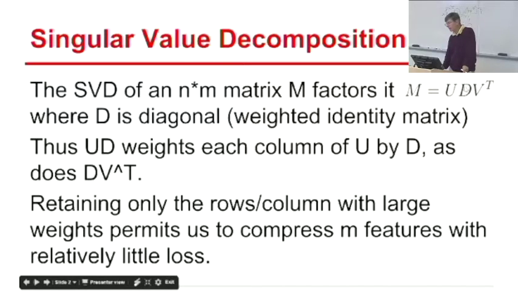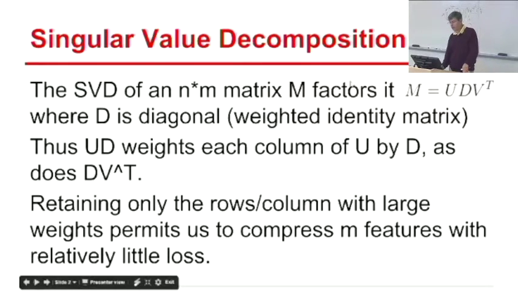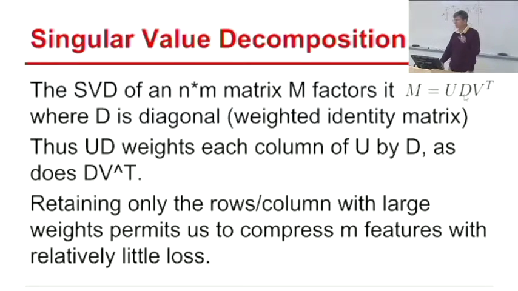The values of D are going to measure, in some sense, how important the corresponding column of the matrix is. So if we do a singular value decomposition, we can drop the rows and columns that correspond to less important features, and that will give us a good approximation of the matrix.